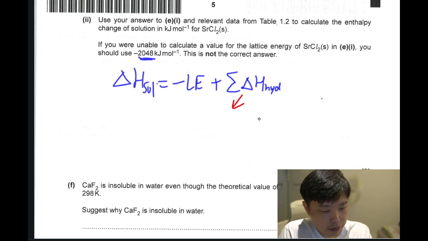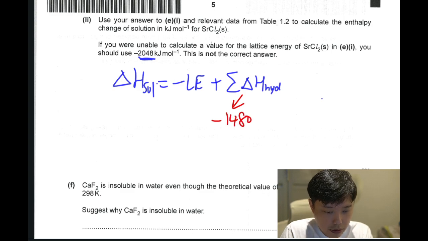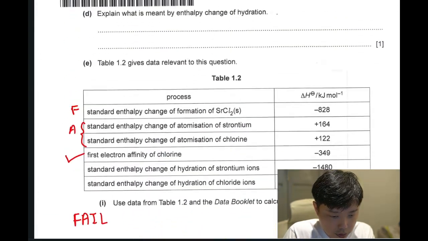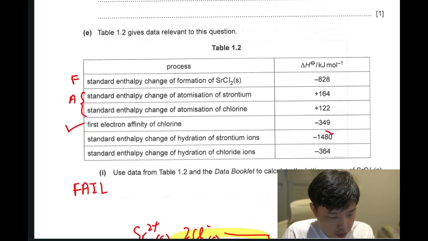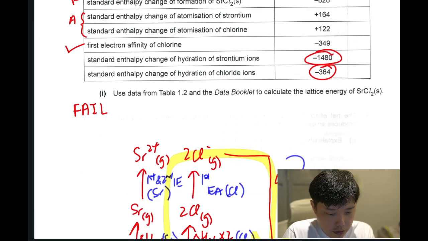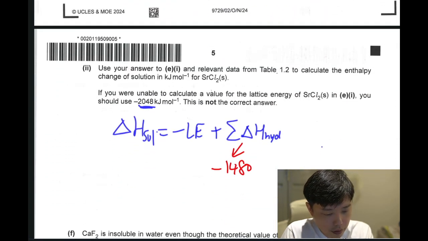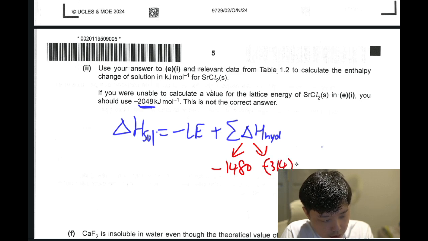Your cation is minus 1480. I think this should be according to the table. Yes, 1480. Then hydration for chloride is negative 364. We need to multiply by 2. Okay, so we add both of these up.